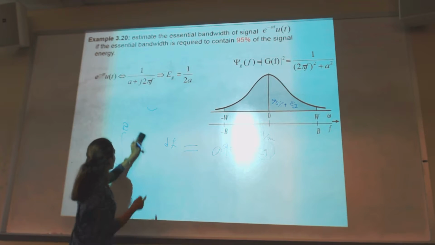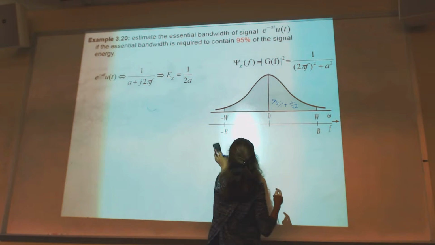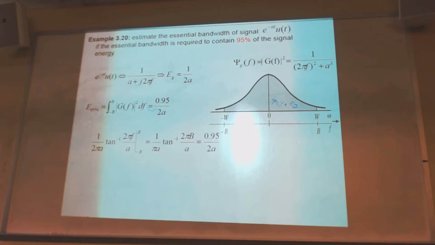So just replace it here. The energy should be 95% of the total energy, and the integral of this happens to be tangent inverse, with the limits from minus b to b. Just replace it, and we get this one.